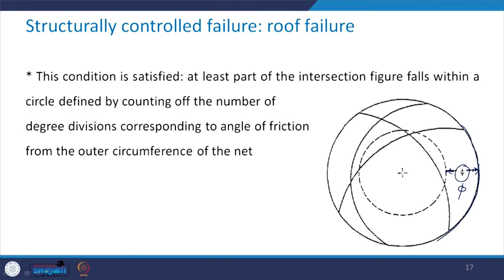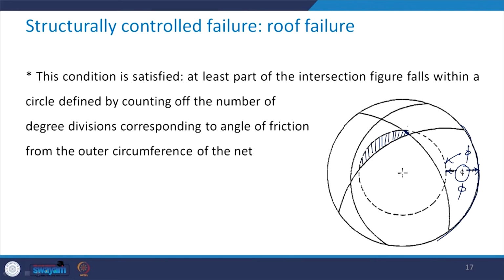So, I can draw a circle corresponding to this value of phi. Now, you see that some part of this intersection is within this circle. You can see here like this, only up to this.